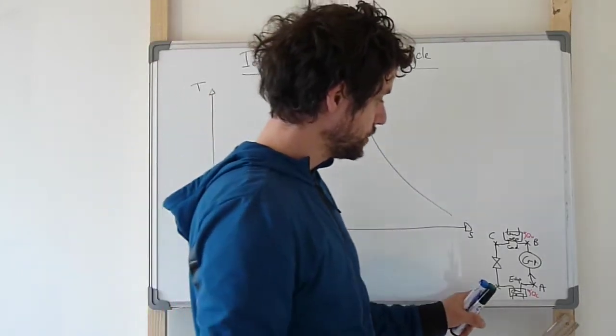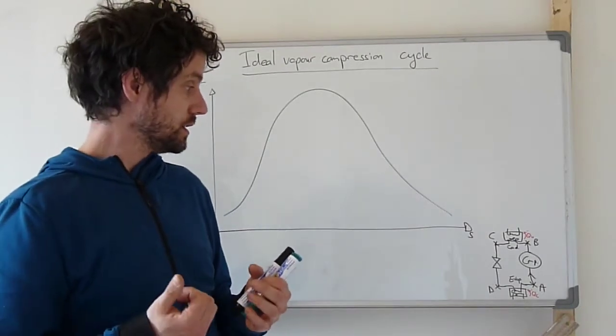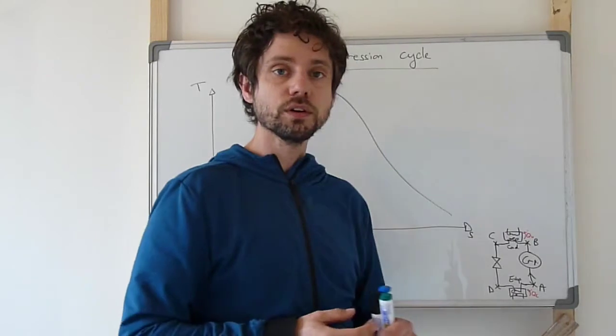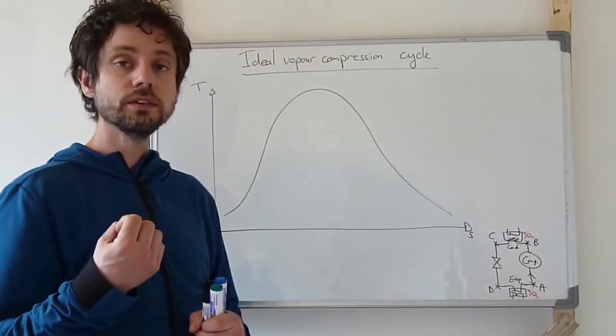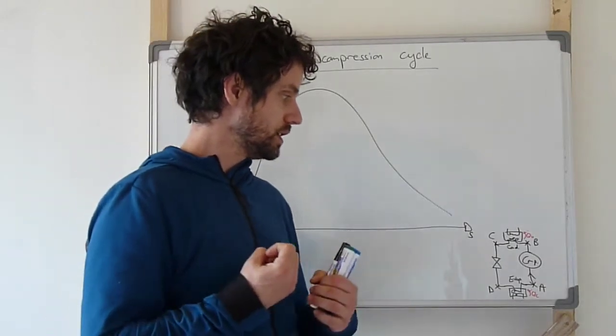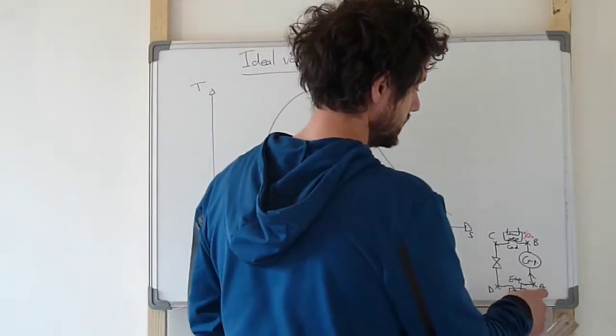And finally, from D to A, D is already two-phase at low pressure, and there's an isobaric heat exchange with the cold source, where it's receiving heat from the cold source, and the working fluid is evaporating completely up to A.